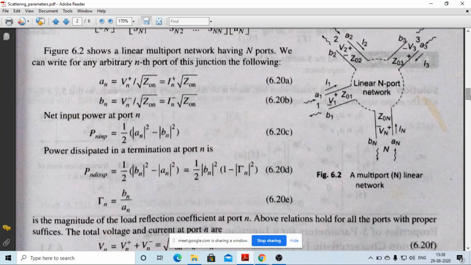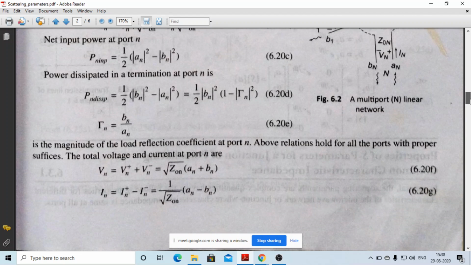So you can convert into different formulas for analyzing the waveguide magic T, E plane T and H plane T. This is the remaining topic for the next lecture.